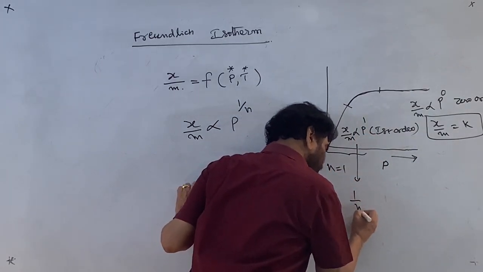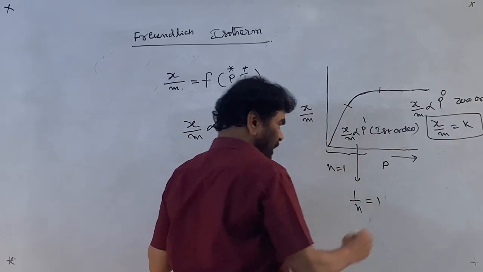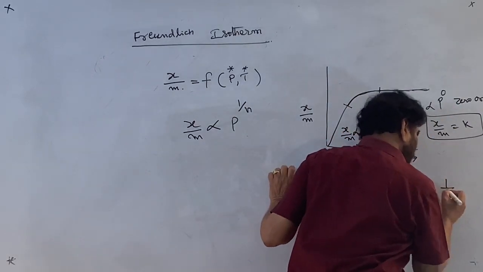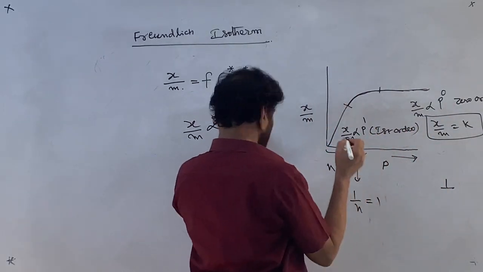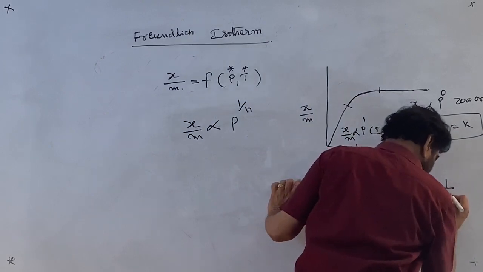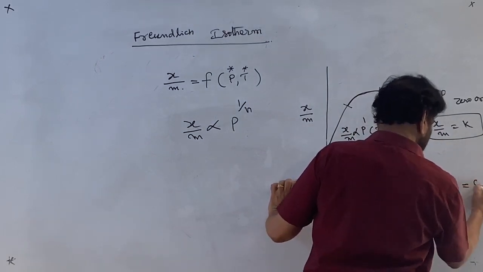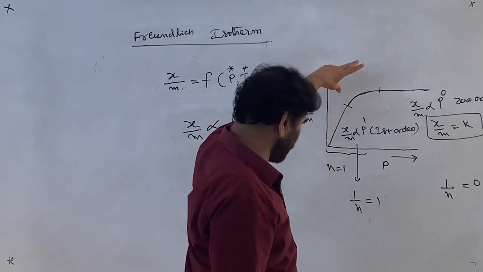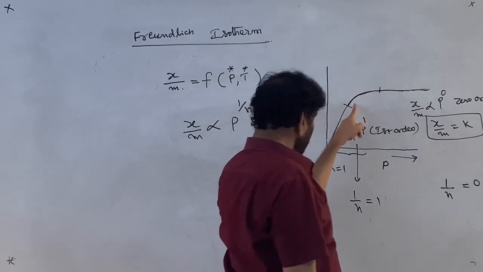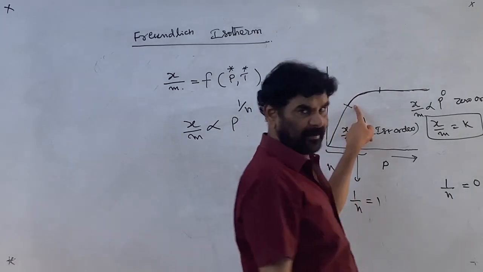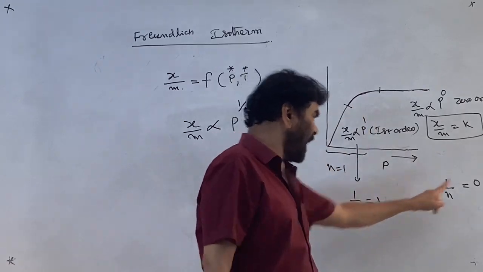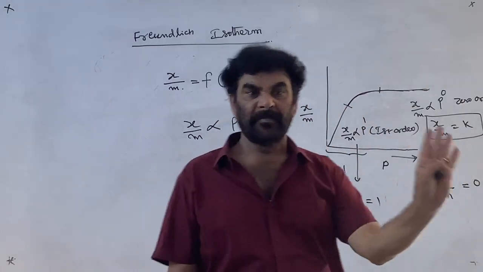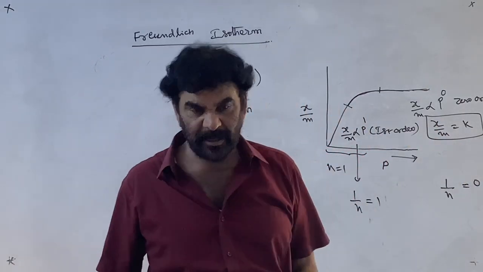In this region, p raised to the power of 1 by n, 1 by n is equal to 1. In that region 1 by n is equal to 0. In the middle region, 1 by n should be between 1 and 0, less than 1 but greater than 0.